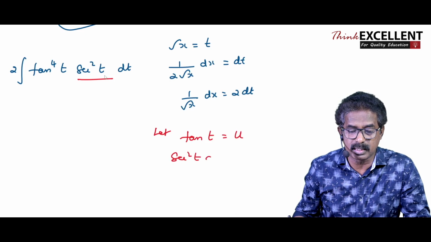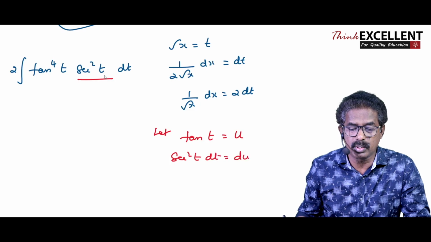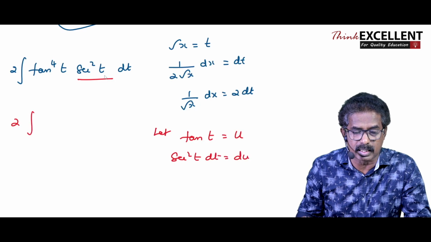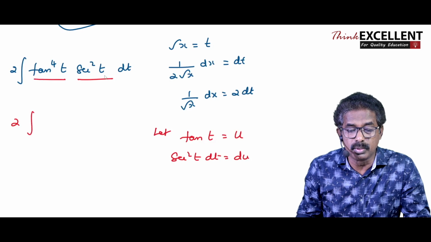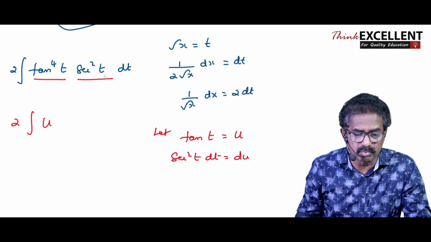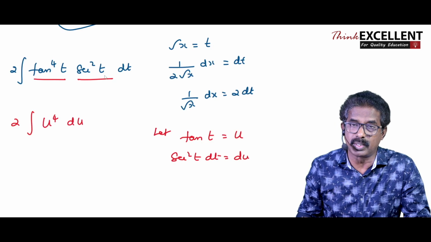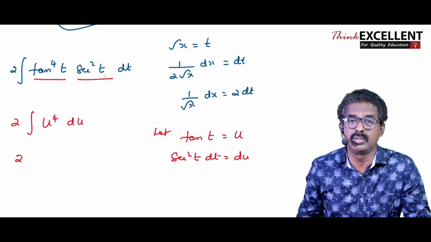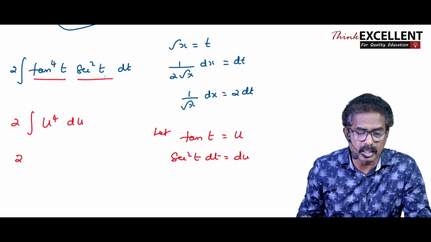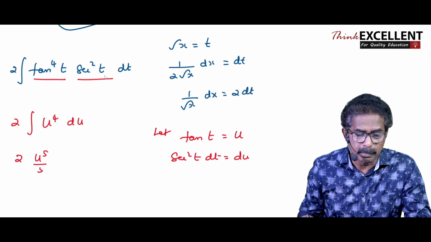So secant square t dt is equal to du. So now this reduces to 2 into integral of u raised to 4, and secant square t dt together is du. Now you can do it very easily, right? 2 into u raised to 4, integration is u raised to 5 by 5 plus c.